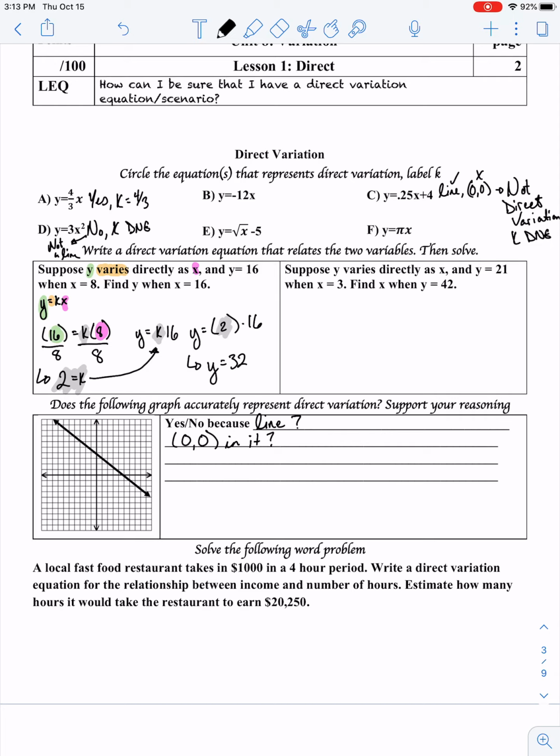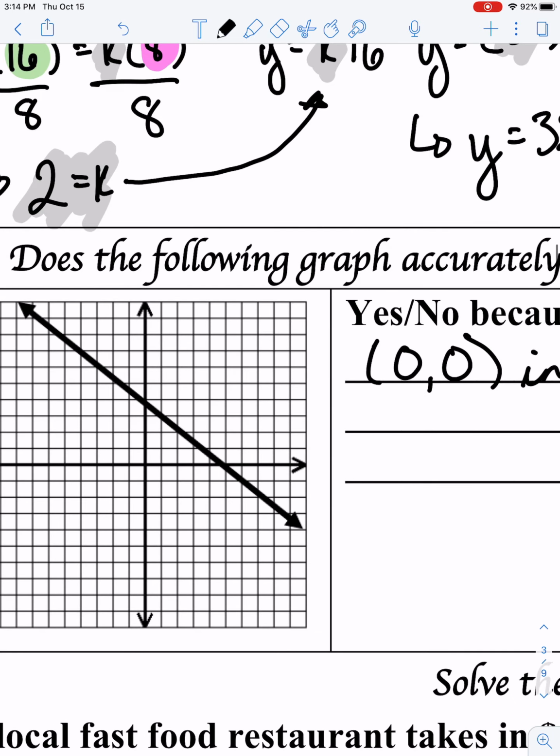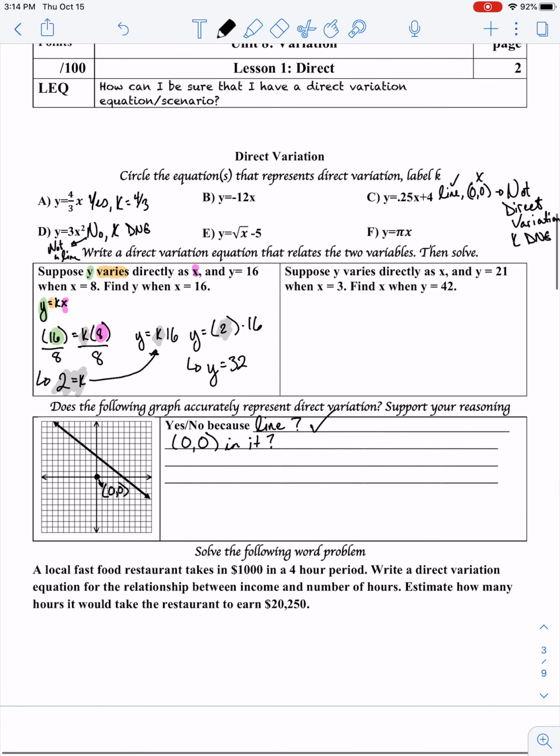So is it a line? Yes. Does it go through the point 0, 0, which is right there? No. So your answer is just no. And then there's your reasoning. 0, 0 is not in it.